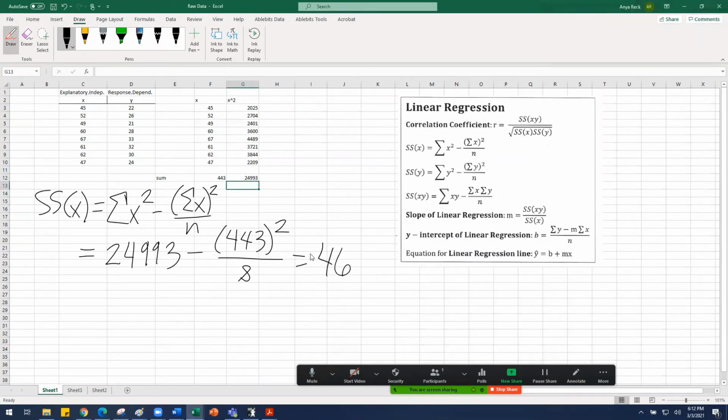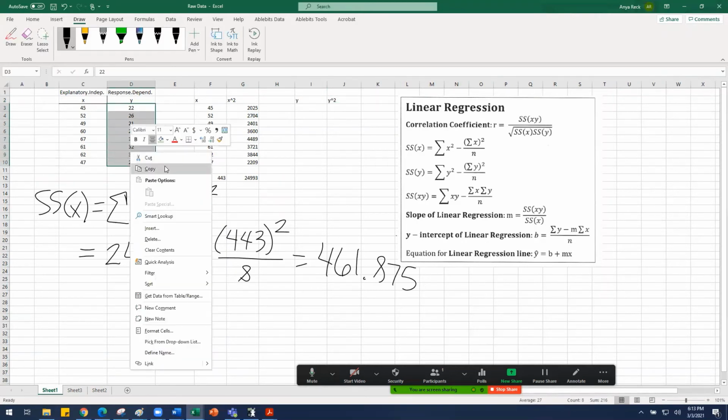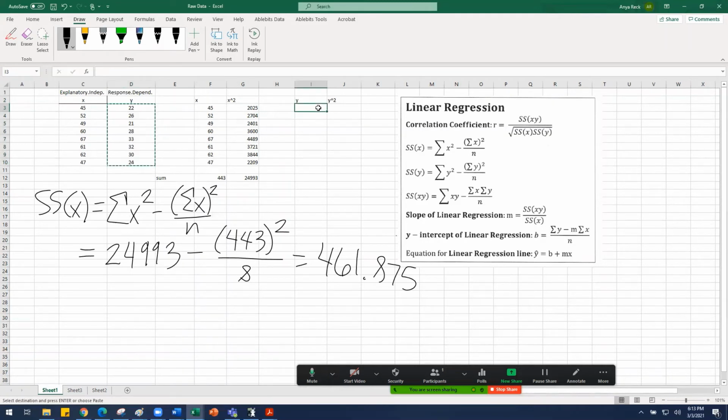We get 461.875. Now we'll do the same process for the y column. So we'll do y squared. So we'll copy the y column.